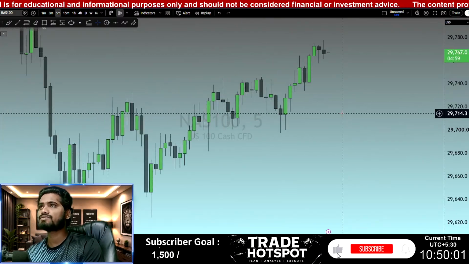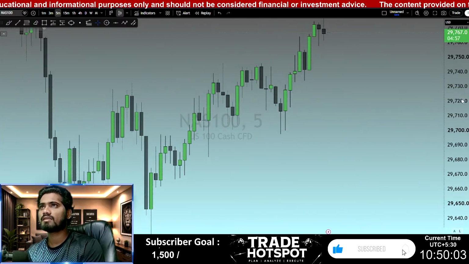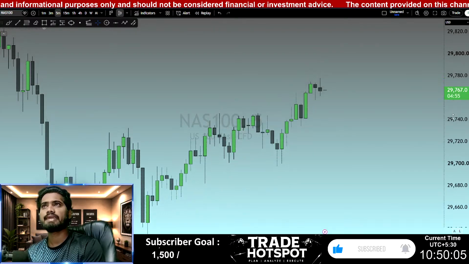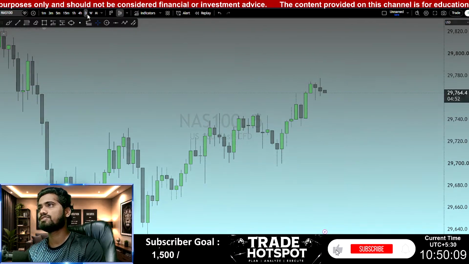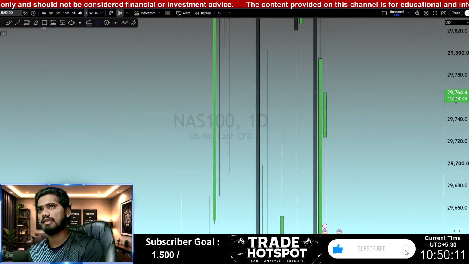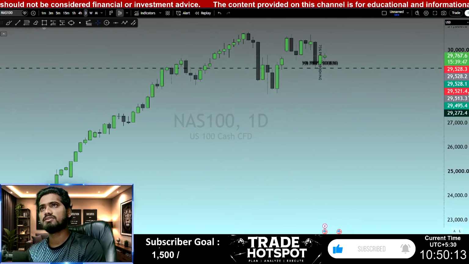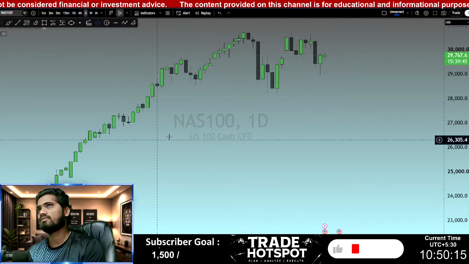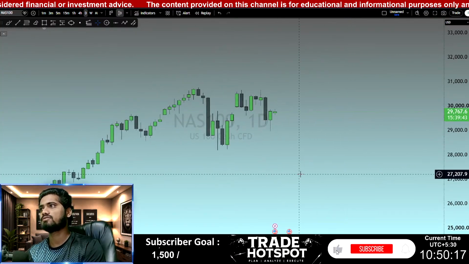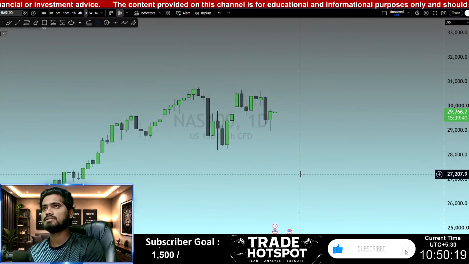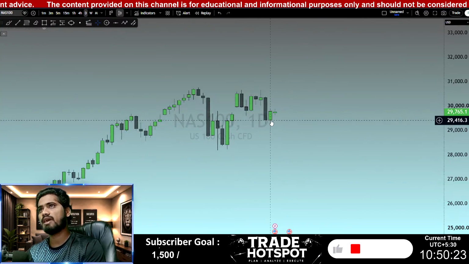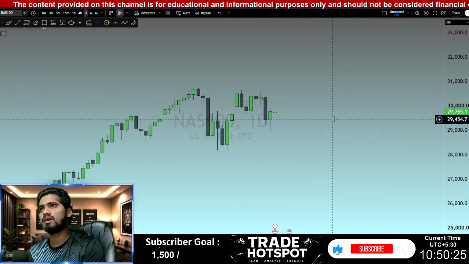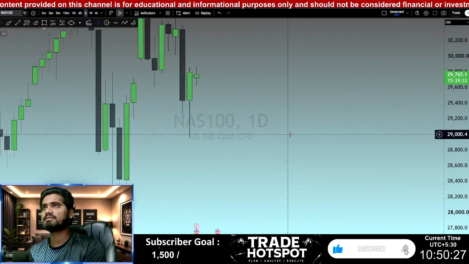NASDAQ and US 500, NQ and ES. We can check here, right? We can analyze here. So what I'll do, I'll remove all this chart drawing, and if you see here on the daily time frame, the daily bias is showing there is a move upside in the market, right?